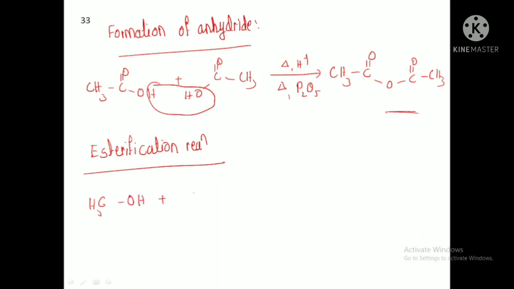This will react with ethanoic acid, CH3C double bond O OH, in the presence of an acid catalyst. It will form CH3 O C double bond O CH3, that is methyl ethanoate, plus H2O, a water molecule will be removed. This is esterification reaction. If you take two carboxylic acids, you will get anhydride. If you take one alcohol and one acid, you will get ester.